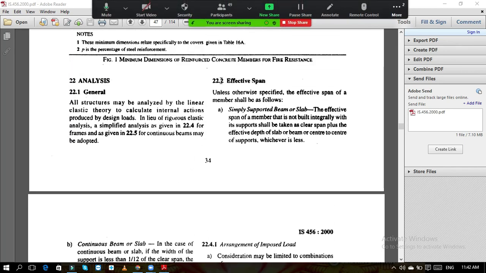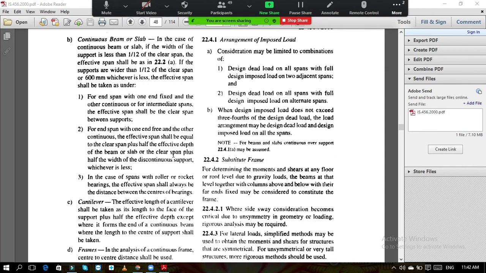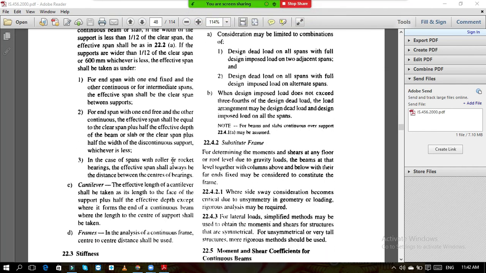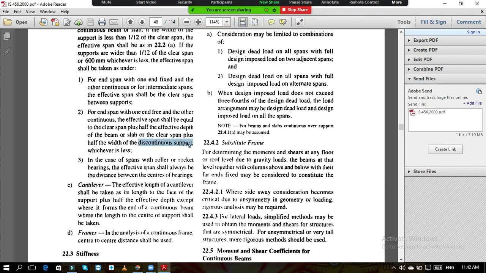This is 22.2 effective span. Okay, so now here you can see this is given for discontinuous support, which we have used for the one waistline.